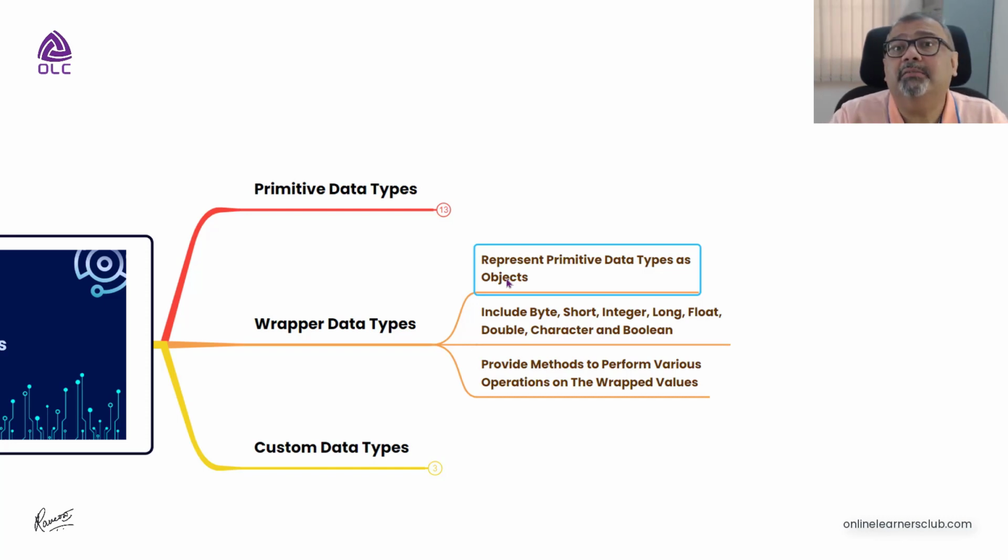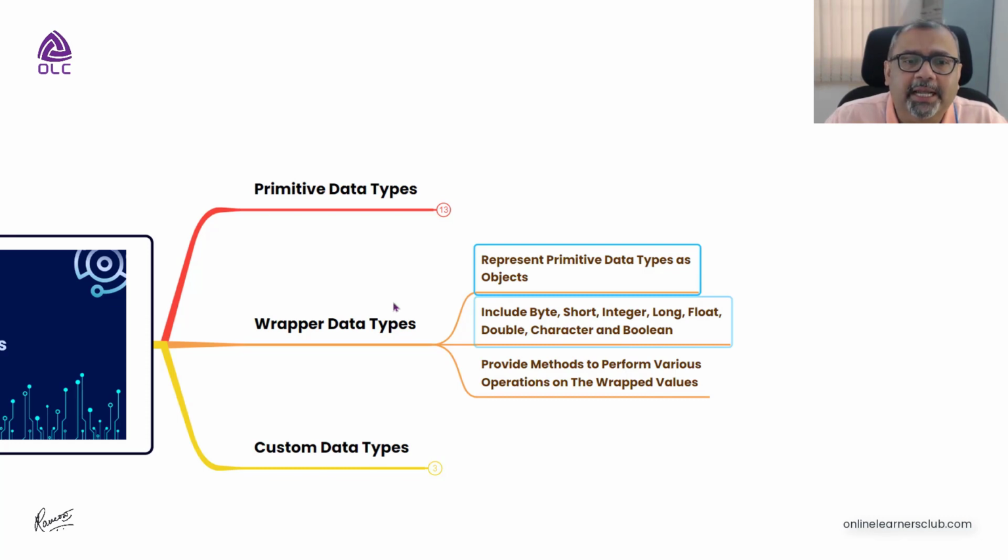So there are various methods which are exposed by the wrapper data type, and it could be useful especially to perform various operations on the data which is encapsulated within that particular wrapper type. So we also use wrapper types when we get into programming and other concepts in the later chapters.